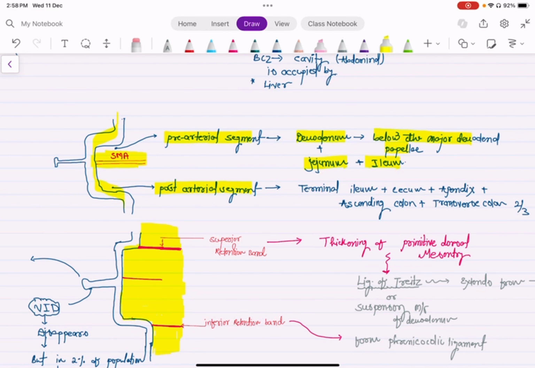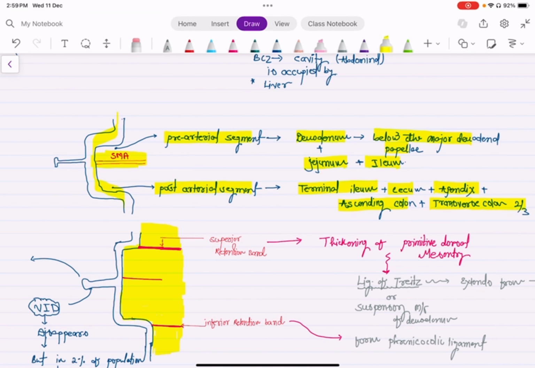What are the parts of the pre-arterial segment? Duodenum, jejunum and ileum. The duodenum below the major duodenal papilla comes under the pre-arterial segment. Now, the post-arterial segment includes the terminal ileum, cecum, appendix, ascending colon and 2/3 of the transverse colon.